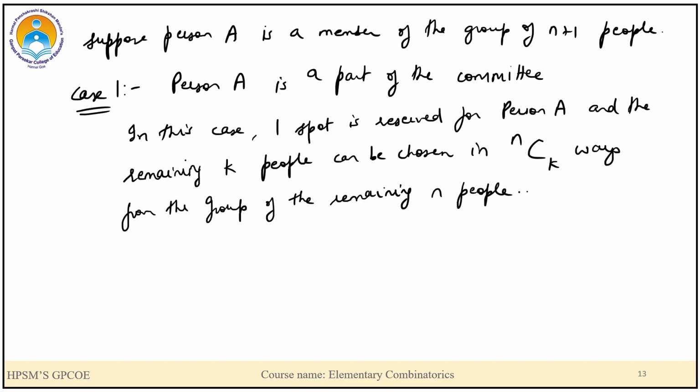So this is one situation where person A is always a part of the committee.